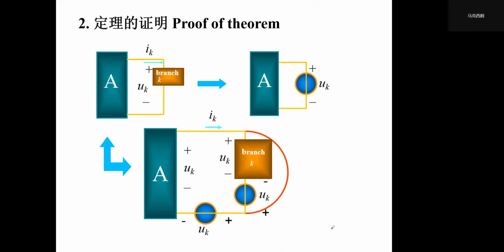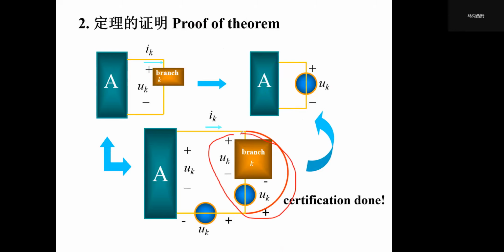And we just short-circuit this branch because it contributes no extra UK voltage to the branch, right? So we just remove this part.